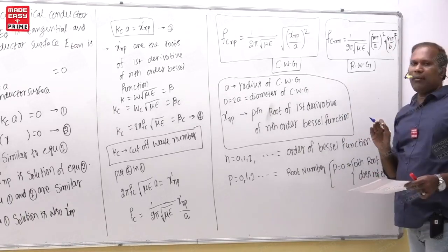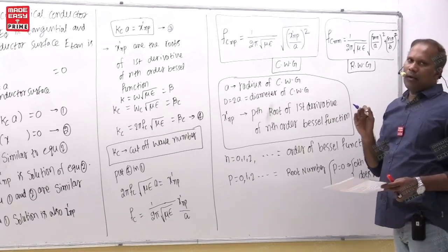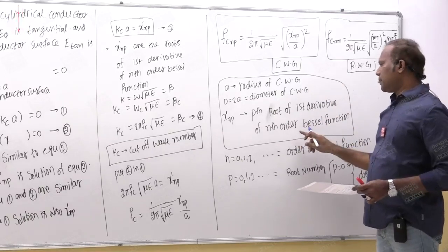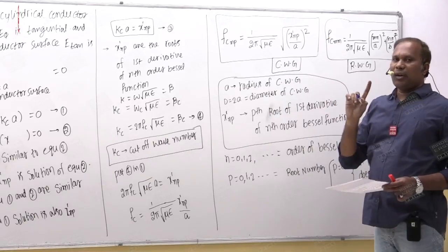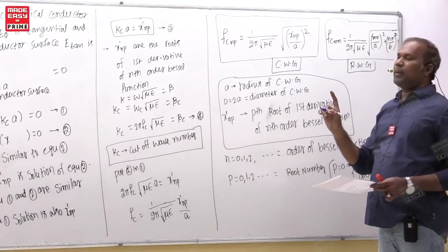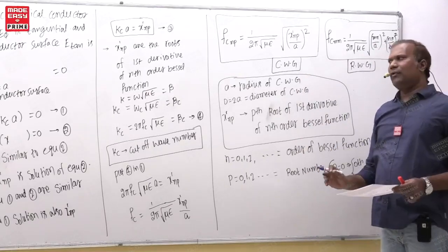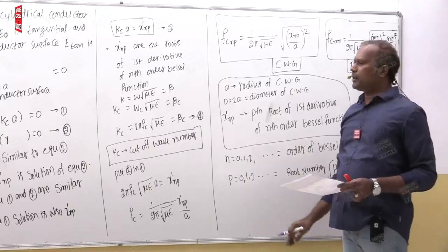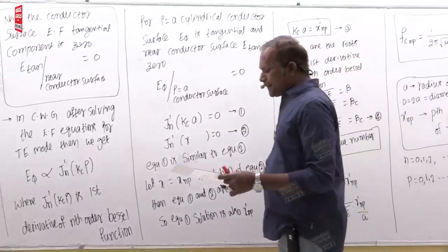So in the circular waveguide, the dominant mode is the TE11 mode. For that mode, this root value is x dash 1 1 is equal to 1.84. You remember that one. That is more than enough. If you want one value for TM modes also, you remember. But overall the dominant mode is the TE11 mode only.